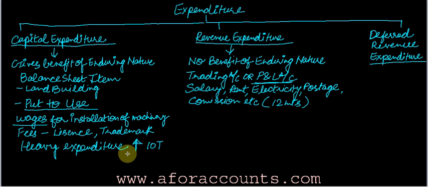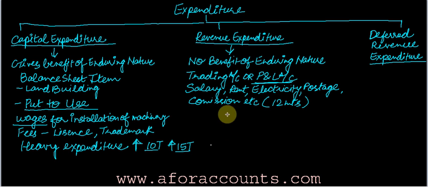Now I am putting in some parts which will help me increase the production to say 15 tons in a day. So the efficiency of the machinery has increased, so all the expenses relating to turning this 10 tons into 15 tons will be capital expenditure.